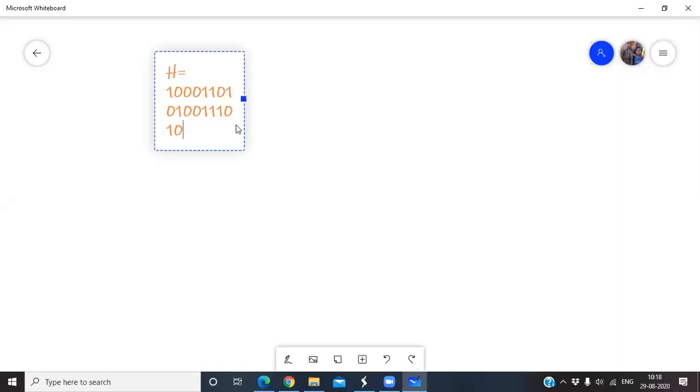Up to last class, I told that the format is P transpose into I n minus k. But I am writing as I n minus k, P transpose. Both are true. Don't confuse. So this is the parity matrix.